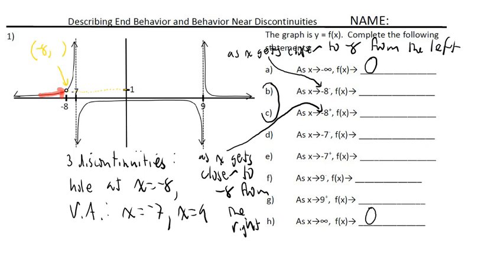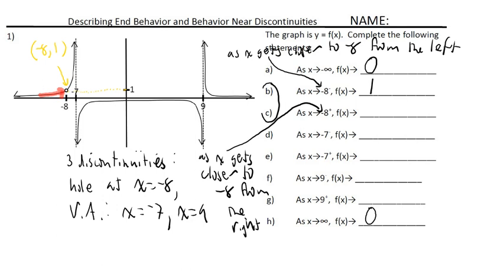And now question C is asking me, what happens as I approach -8 from the right-hand side? So I'm reading this graph. I'm getting closer and closer to -8 from the right-hand side. And aren't I still squeezing in on that same point, -8, comma 1, from both sides? So from both sides, y is approaching a value of +1.